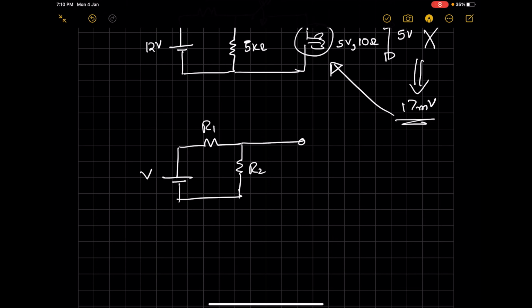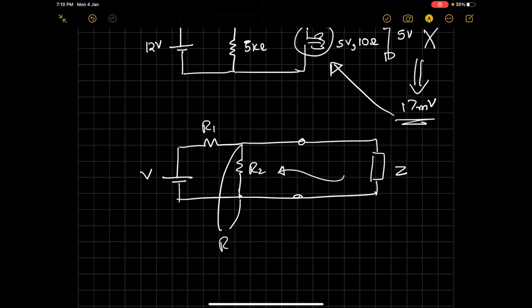If you clearly understood how a voltage divider network works, the voltage across R2 is directly proportional to the value of this resistance R2, and as soon as you connect a load of some resistance Z to this network, the resistance between these 2 points is no more R2, it is R2 parallel Z. Therefore, the voltage will also change with respect to this new resistance R2 parallel Z, and that is the reason you cannot use a voltage divider as a power supply.